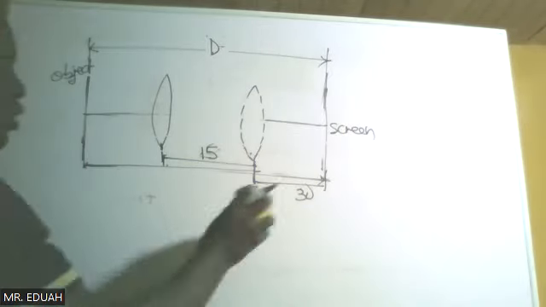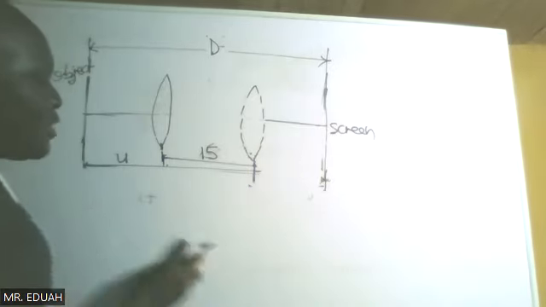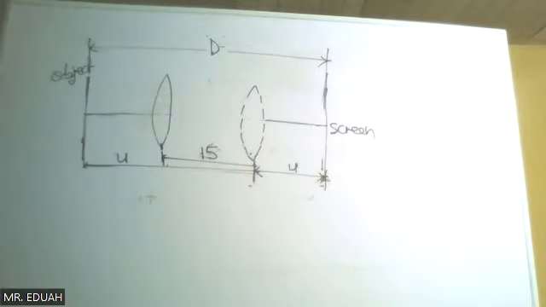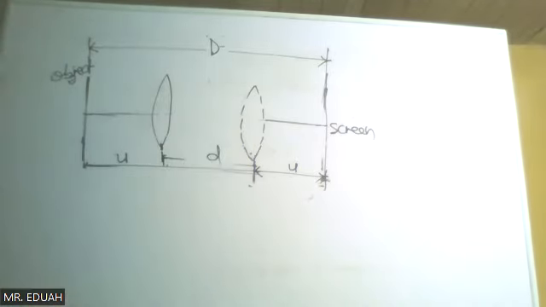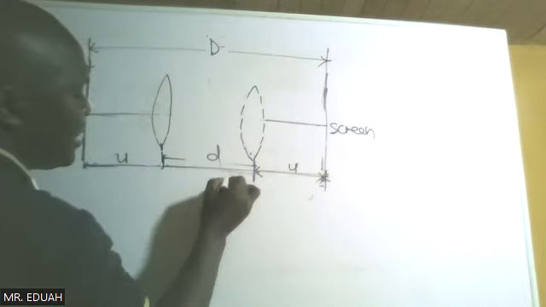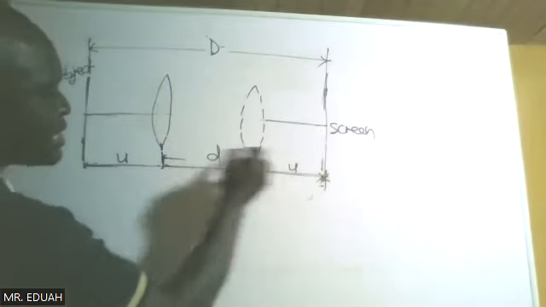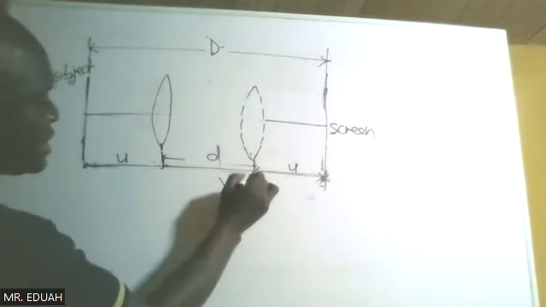And so we could conclude that if this side is U, then this side would also be U, where the distance between the two positions is small d. If this is U, this will be V: 30, 70, then 70, 30.